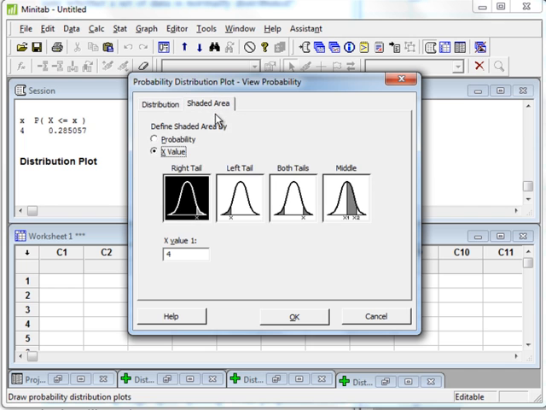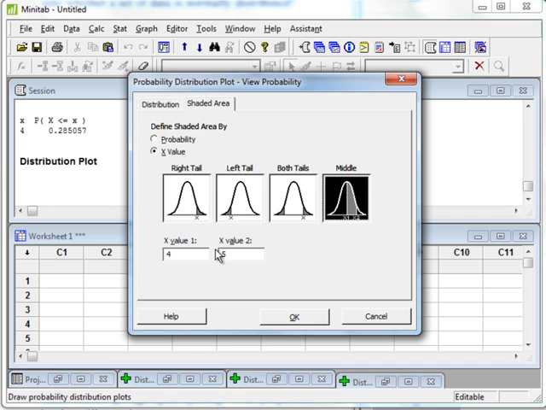Now the shaded area, we are looking at X values. We're looking at a range of probabilities between two X values, so we want to choose middle. And value 1, which is the lower value, is our target, which was 0.75. Our upper value is our mean, 0.753. And so this will give us the range of values to compute the probability.